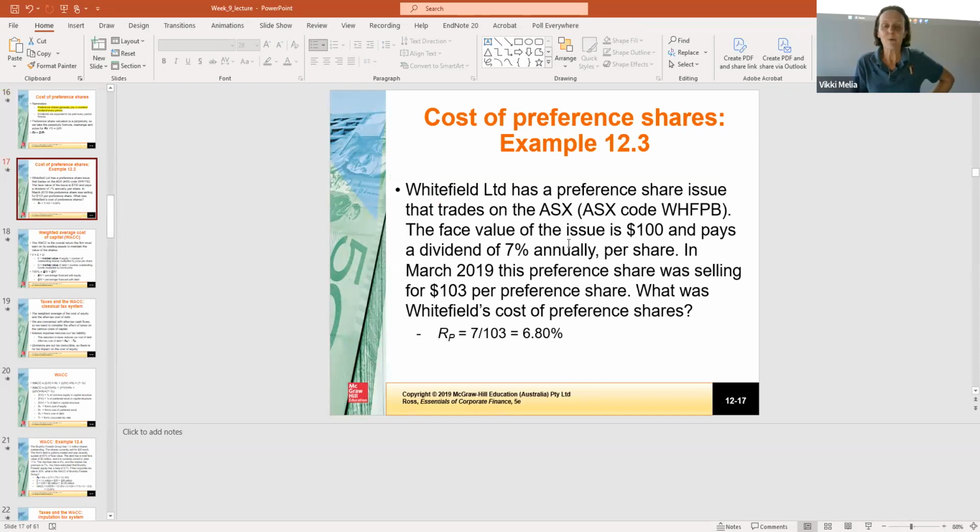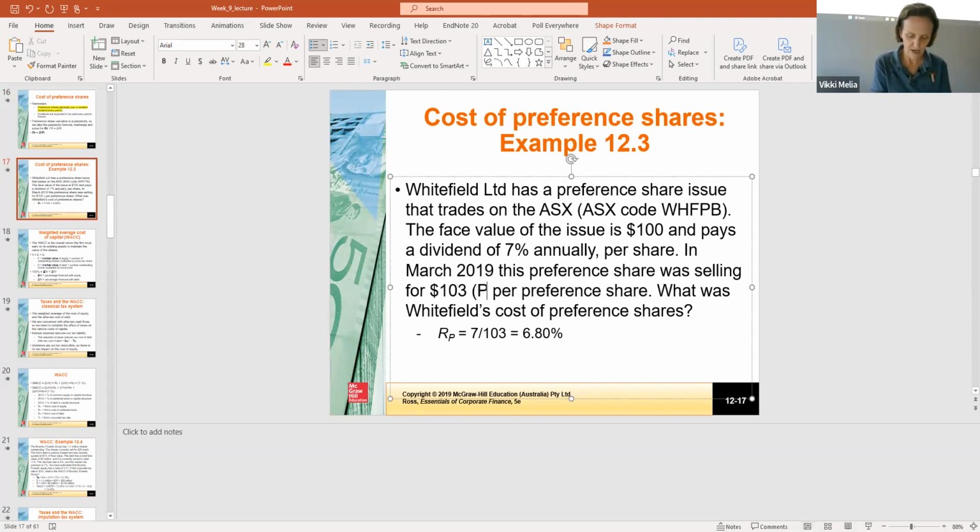So in this example, this company has preference shares on issue. And in March 2019, the preference share was selling for $103 per share. So that's the P0 at the time, $103. And they pay a fixed dividend of 7% per year per share.